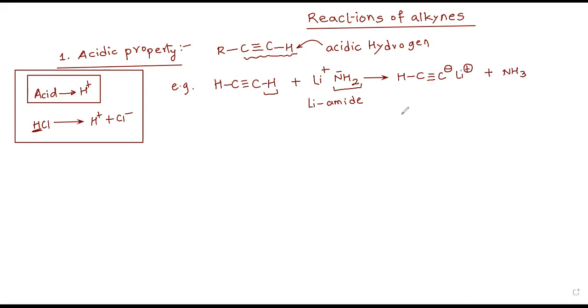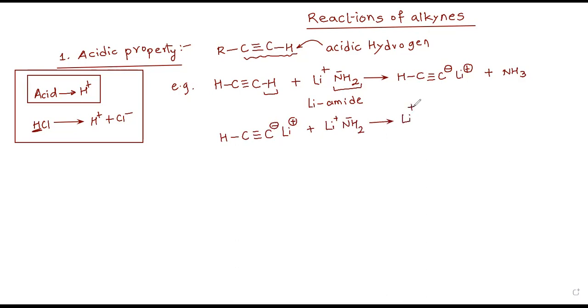If you observe, there is another such hydrogen present. So this product can react one more time. So this is reacting with another molecule of LiNH2. And now it's a turn of reaction on the opposite side.